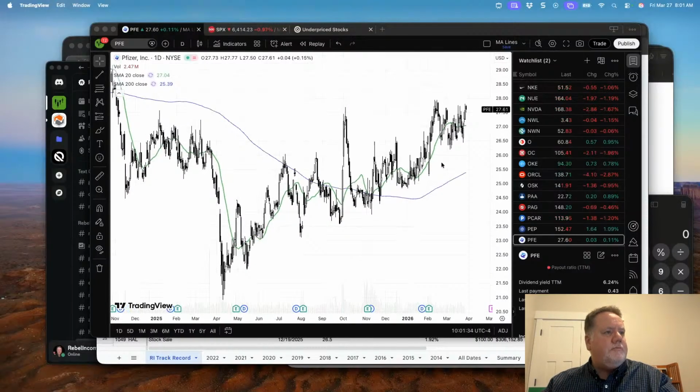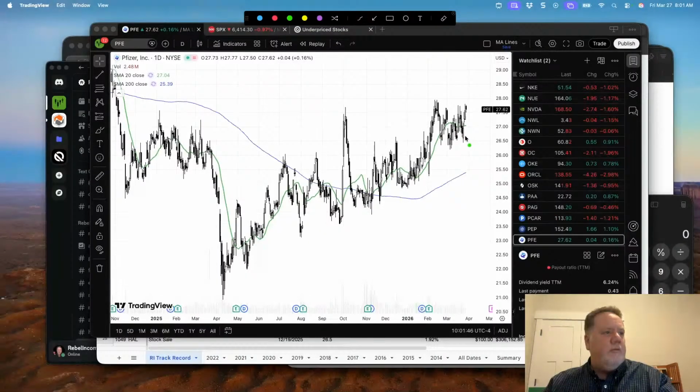But it's also diverging from the market a little bit right now with this upward trend and currently showing some good momentum, higher off of this last pivot low that came in, it looks like in February and March.